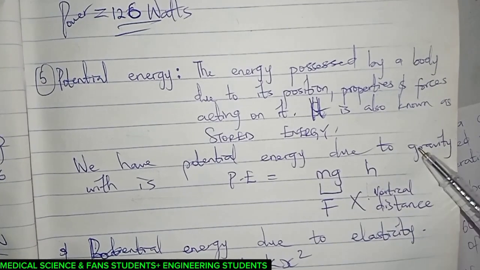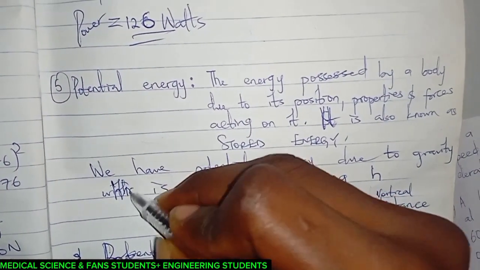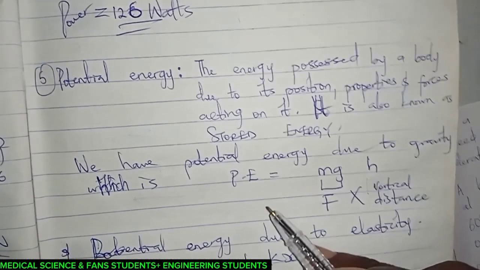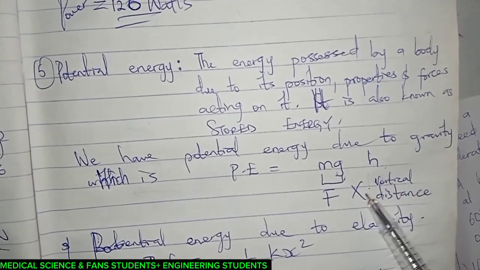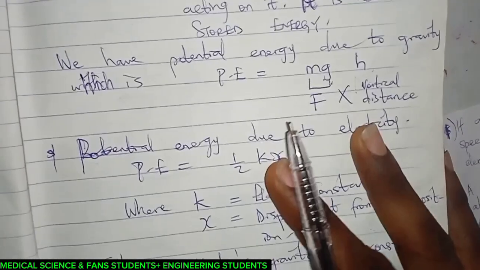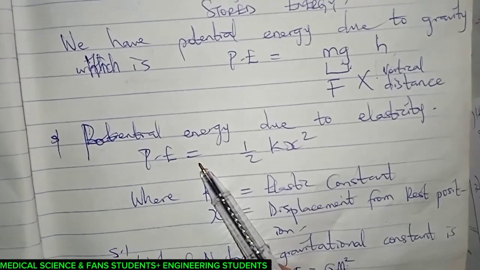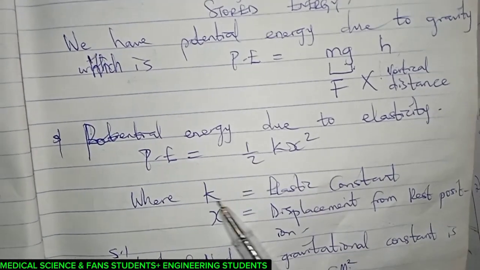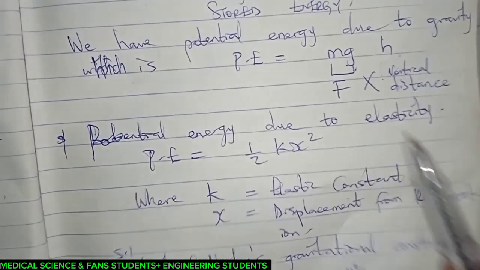We have potential energy due to gravity, which is potential energy equals mgh, force times vertical distance. Then we also have potential energy due to elasticity. Potential energy equals half kx squared, where k is the elastic constant, x is displacement from rest position.